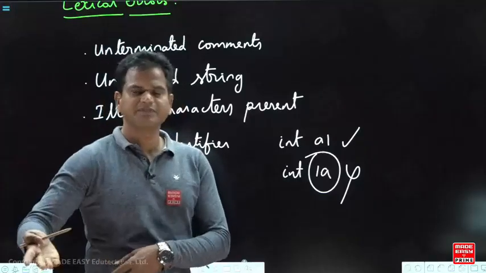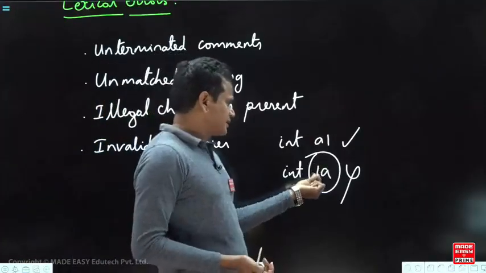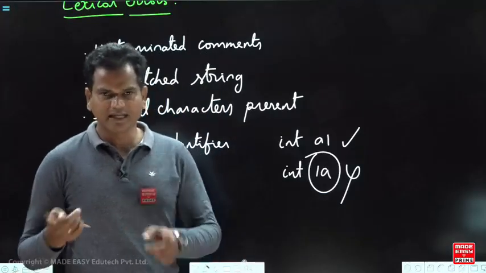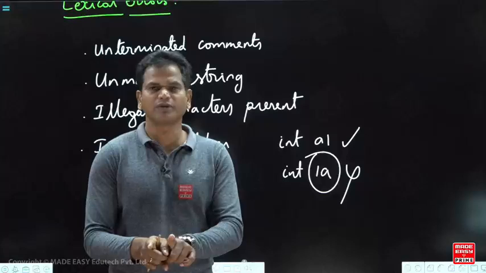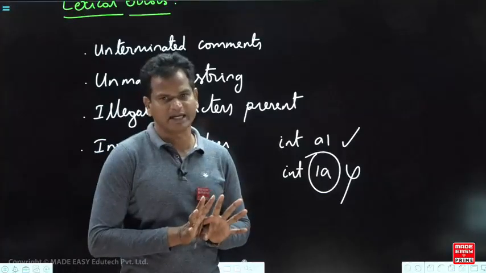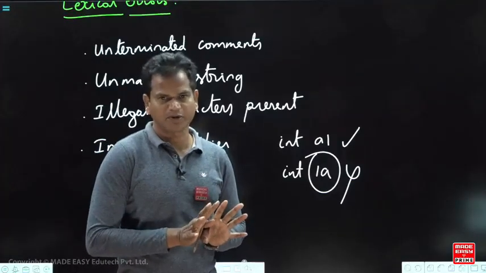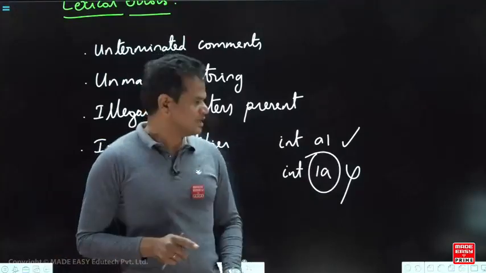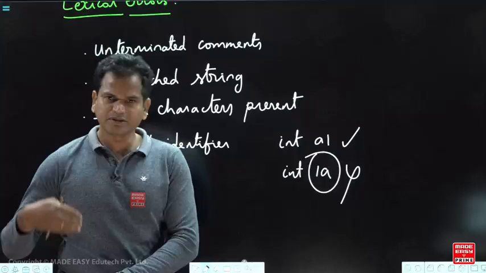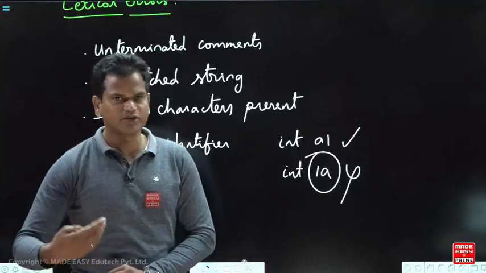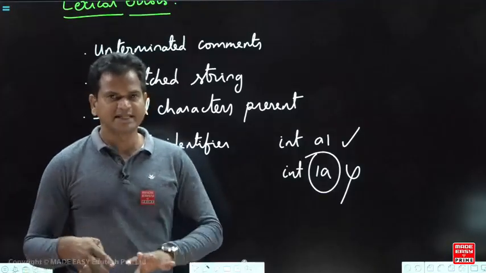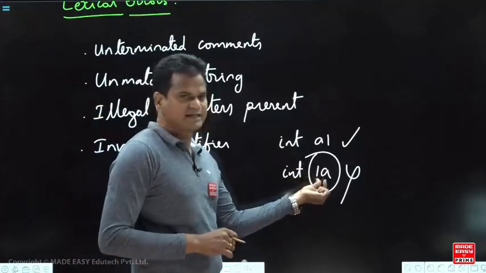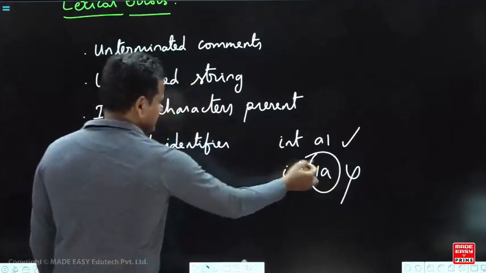If some language allows numericals at the start, that is a different story. Every compiler purely depends on the programming language, and also on the machine, but we are talking about the language. If a language supports starting with a numerical, that is okay, but in C it is an invalid identifier.